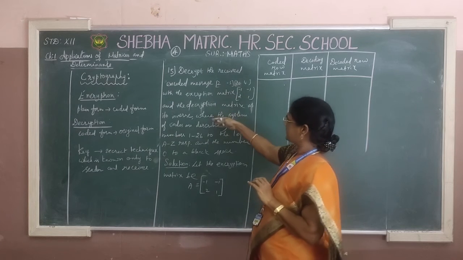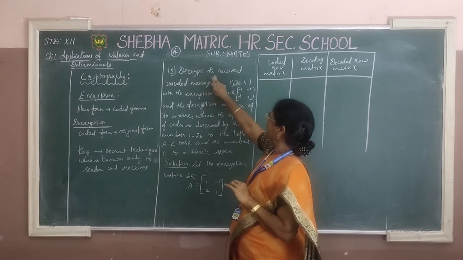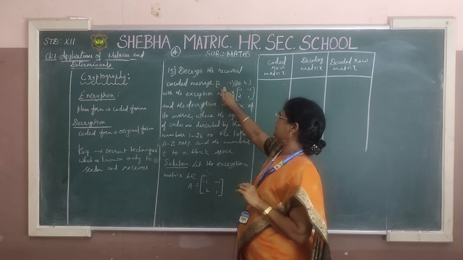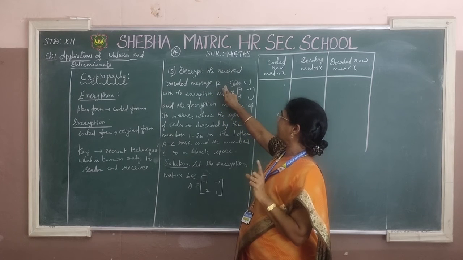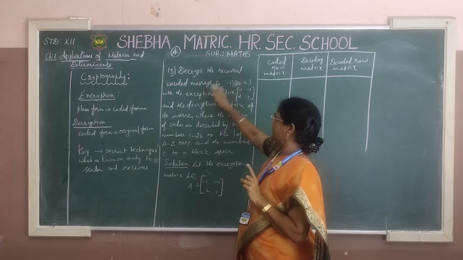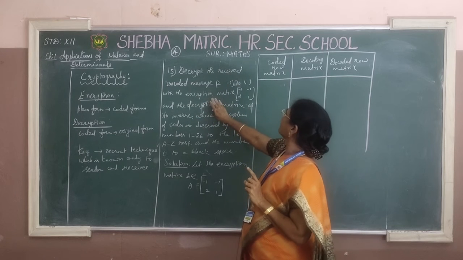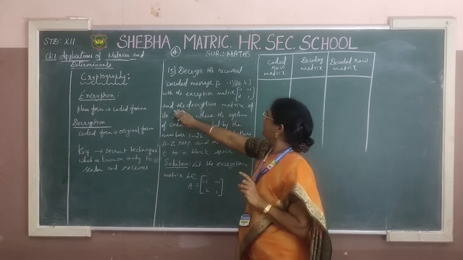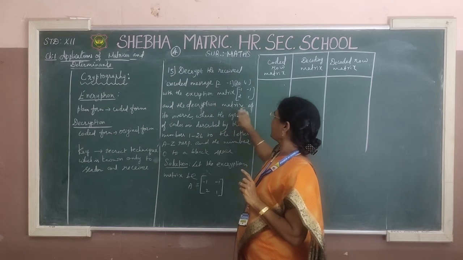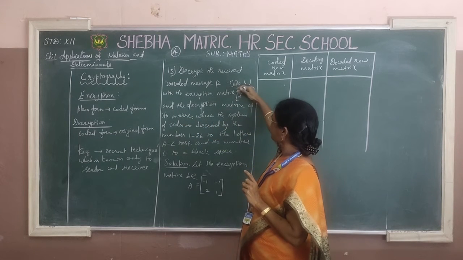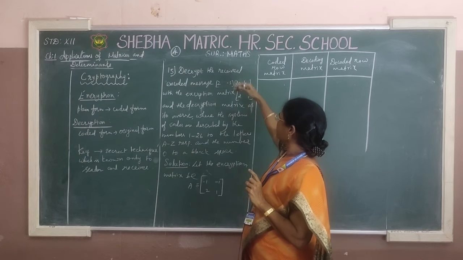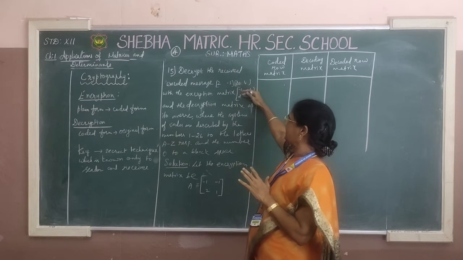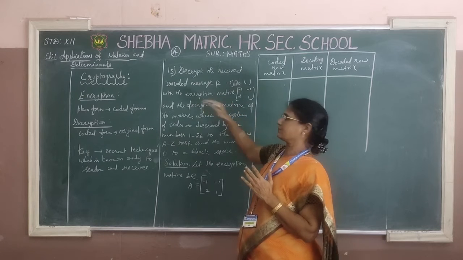Listen to this example. Decrypt the received encoded message. The encryption matrix is this, and the decryption matrix is its inverse. So, this is our encryption matrix. If you find its inverse, we get the decryption matrix.